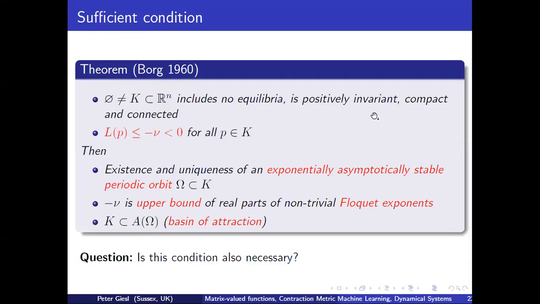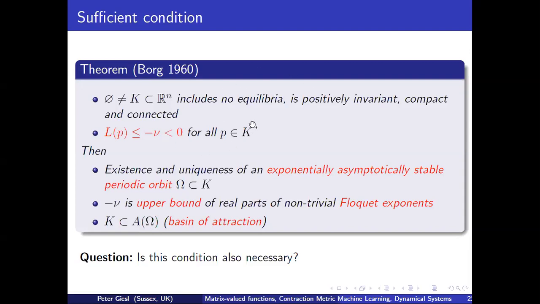So basically, if you start in there, you stay in there for all positive times. It's compact and connected. These conditions are, as I said, a local criterion. This is obviously a little bit global as well. You have some information about positive invariance, but basically it's just along the boundary.